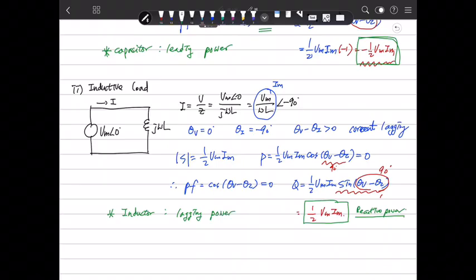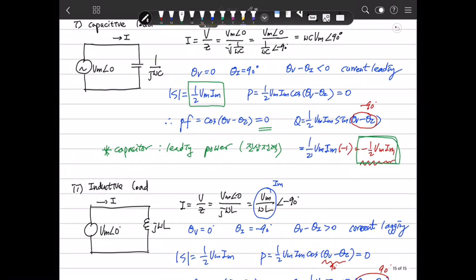In Korean, the leading power is 진상 전력, and the lagging power is 지상 전력. Therefore, the capacitor is a leading element, and the inductor is a lagging element. So it's quite simple, but it's very important.